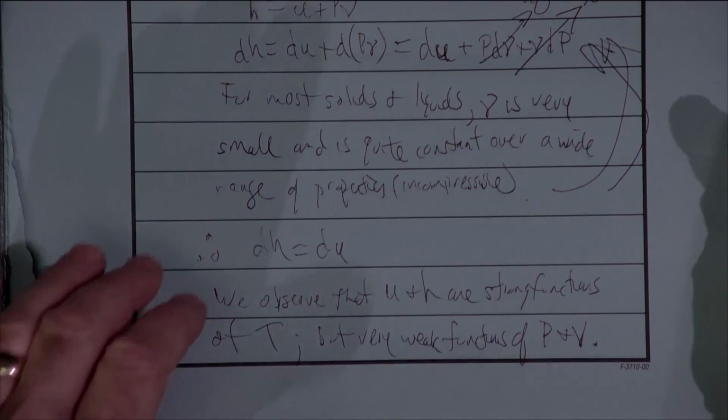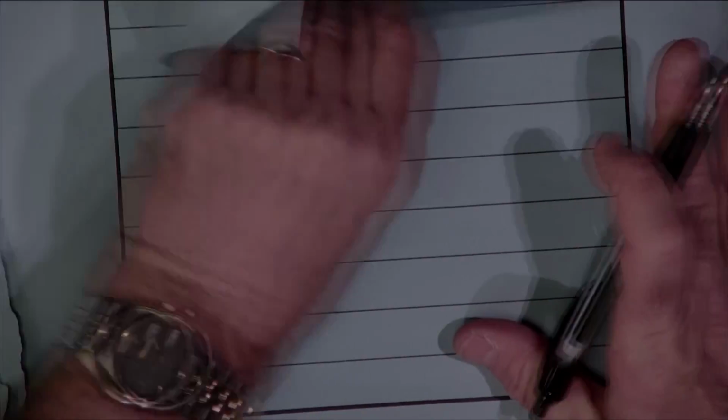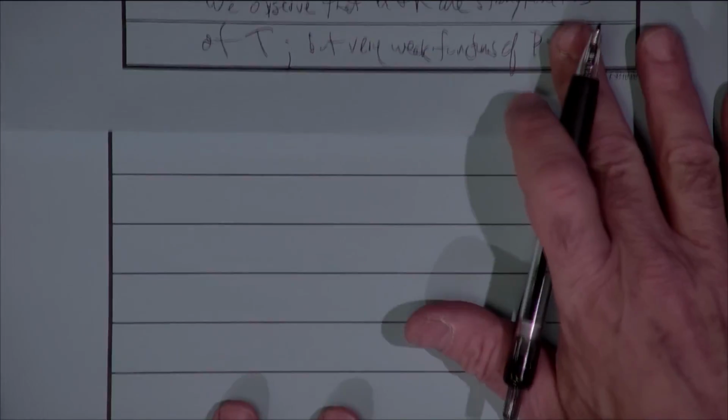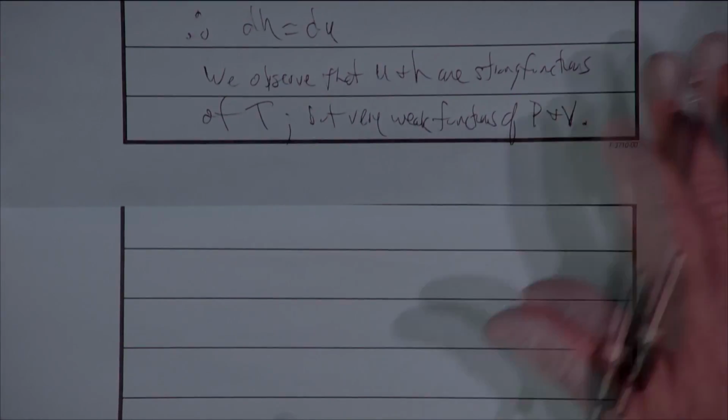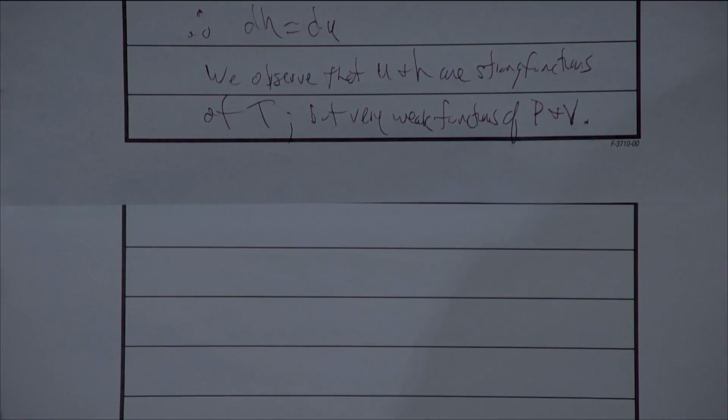Now, I should note that we made the same observation with regards to gases. But it turns out it's also applicable for solids and liquids. They're strong functions of temperature, but weak functions of pressure and volume.